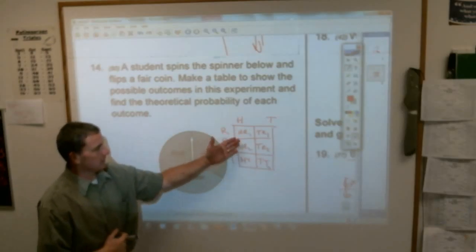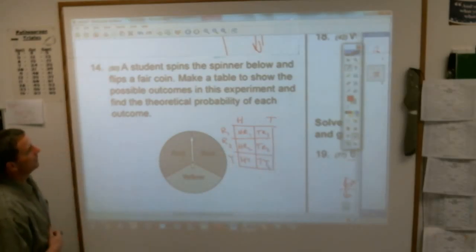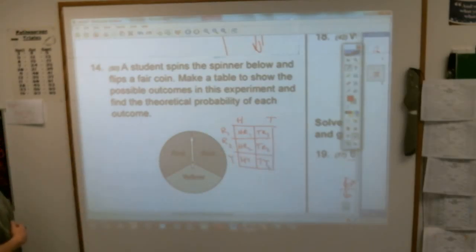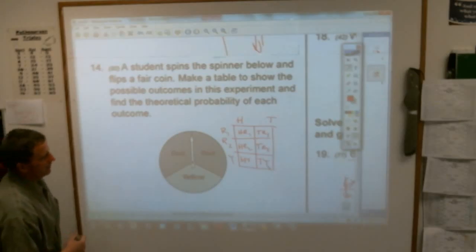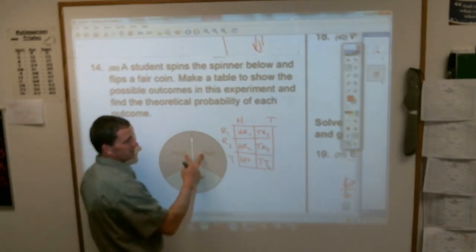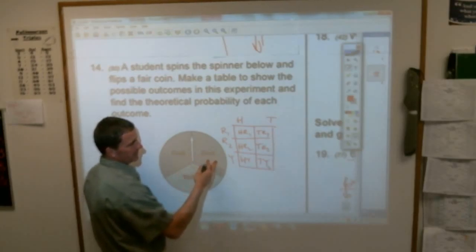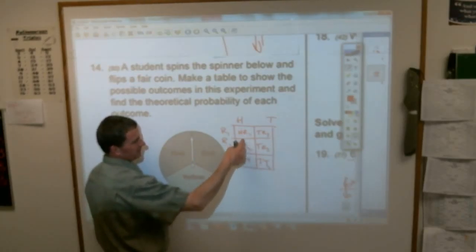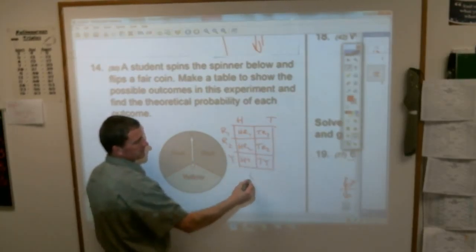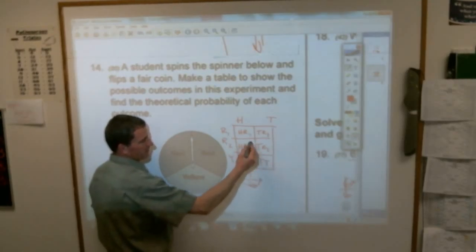So you get 6 different outcomes. What's the theoretical outcome? Well, technically, because these marbles aren't marked, you could call these two the same thing. But theoretically, it's a 1 in 6 chance of getting any of those 6.